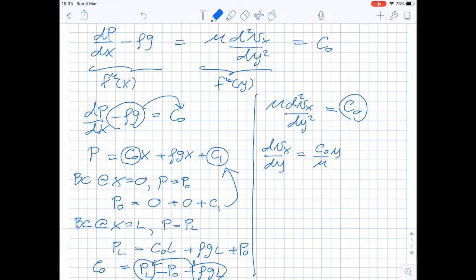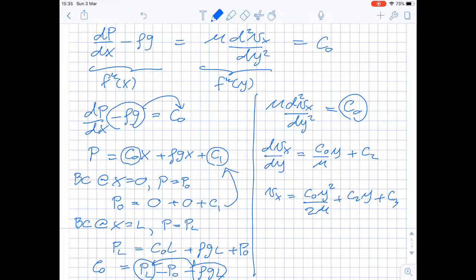Integrate with respect to y, you get y over here, plus another integration constant C2. But we don't have any boundary condition regarding dVx by dy at this point, so we just keep going on integration, and we get Vx equal to C0 y squared over 2 mu plus C2 y plus another constant C3.